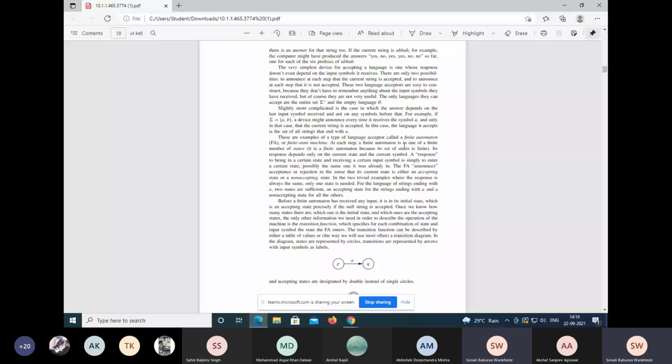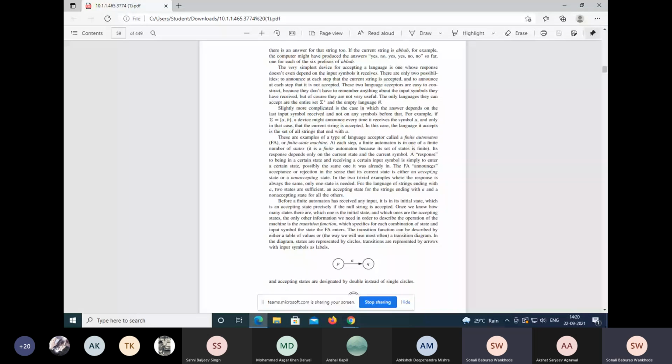A response to being in a certain state and receiving a certain input symbol is simply to enter a certain state, possibly the same one it was already in. So the finite automaton announces acceptance or rejection, in the sense that its current state is either an accepting state or a non-accepting state.